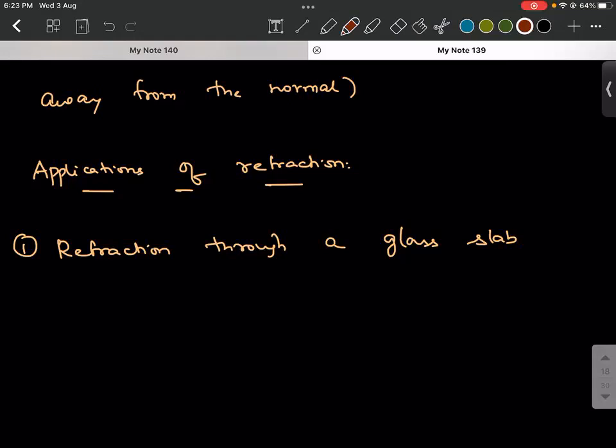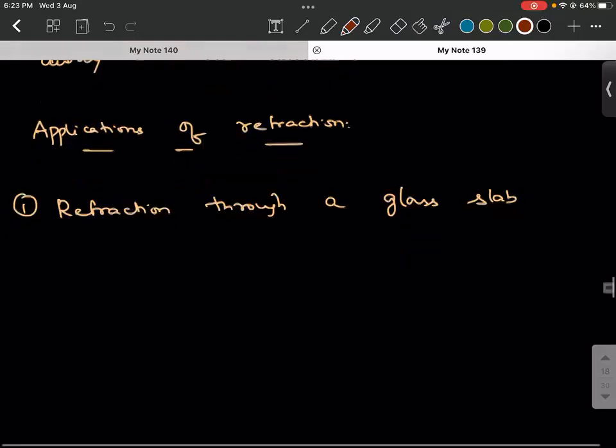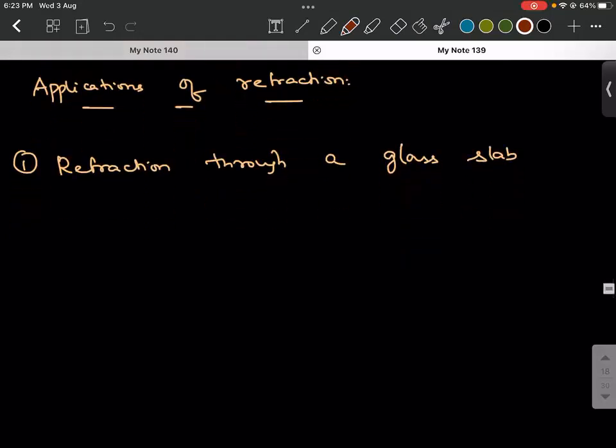So you know what is a glass slab, right? So glass slab is basically a rectangular prism, right? So when light is passed through a glass slab, let's say of refractive index mu. Now here I can add a word, rectangular glass slab.